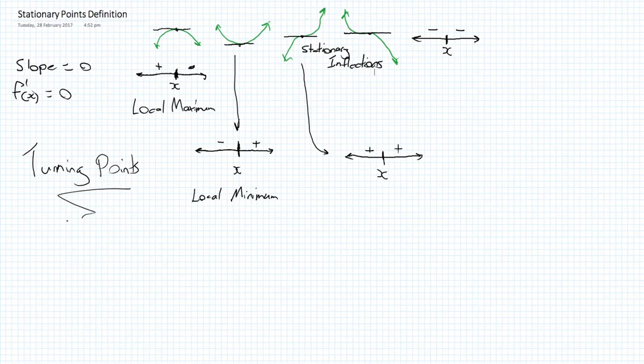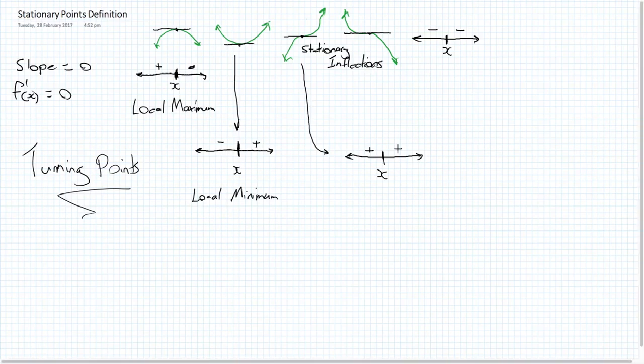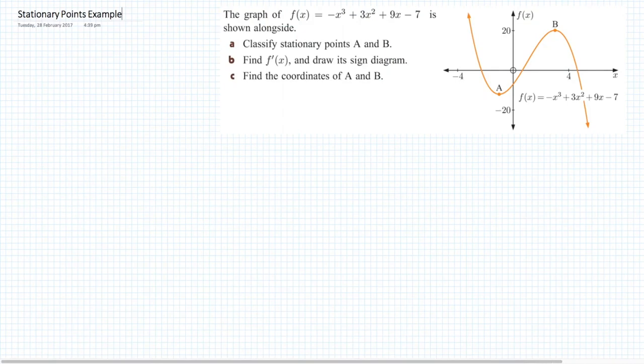So why don't we go and have a look at an example, and see how this all will work out. I've grabbed this example from the textbook. In fact, it is exercise 3C, question 1.